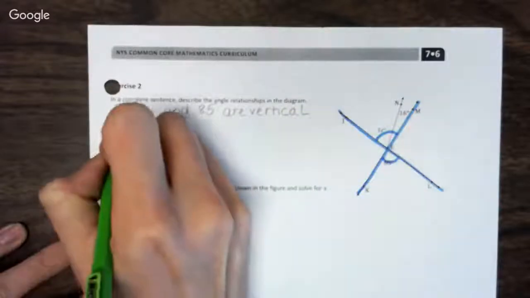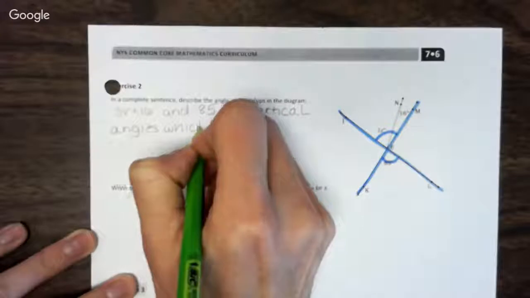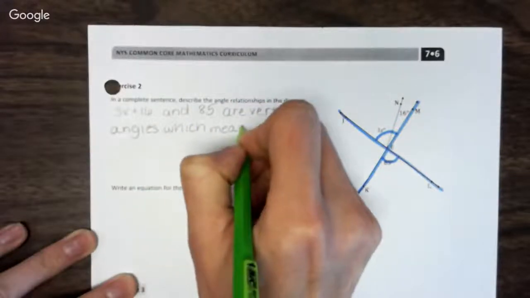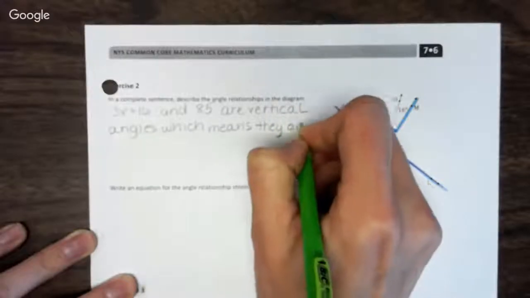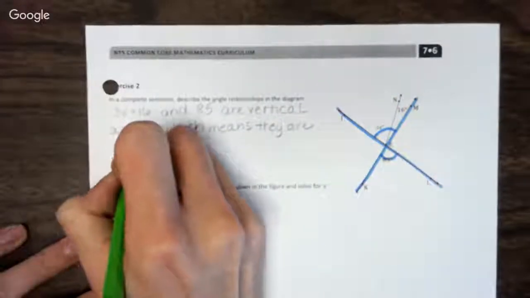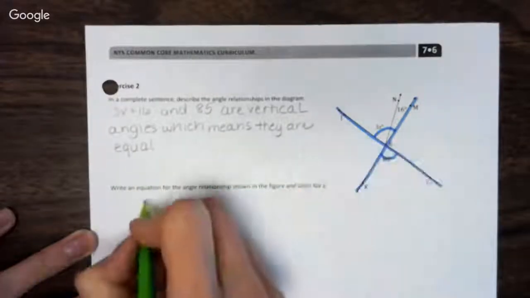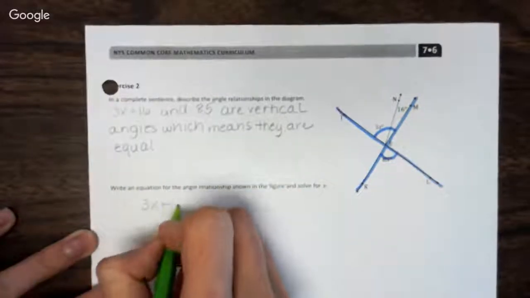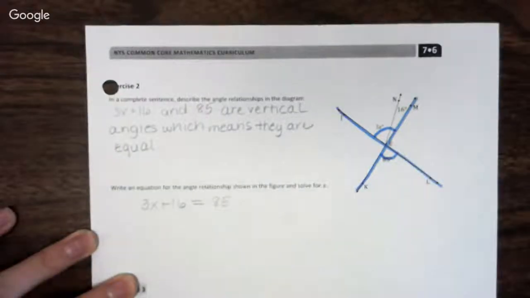which means they are equal. Just remember, vertical angles are always equal. So let's write the equation. These two angles added together, 3x plus 16, is going to be equal to the bottom angle, 85.